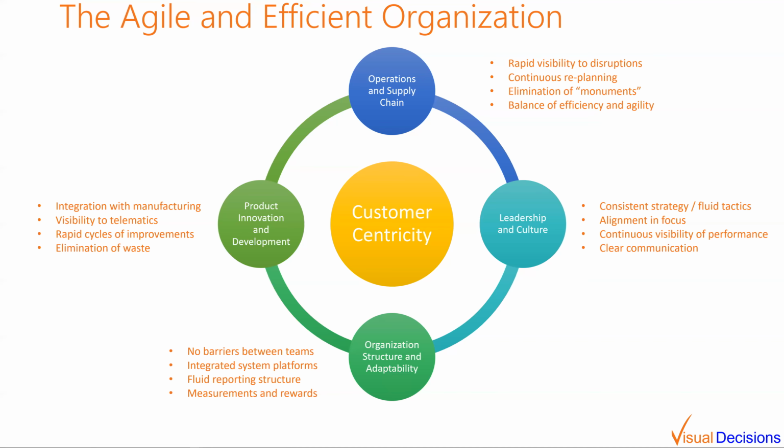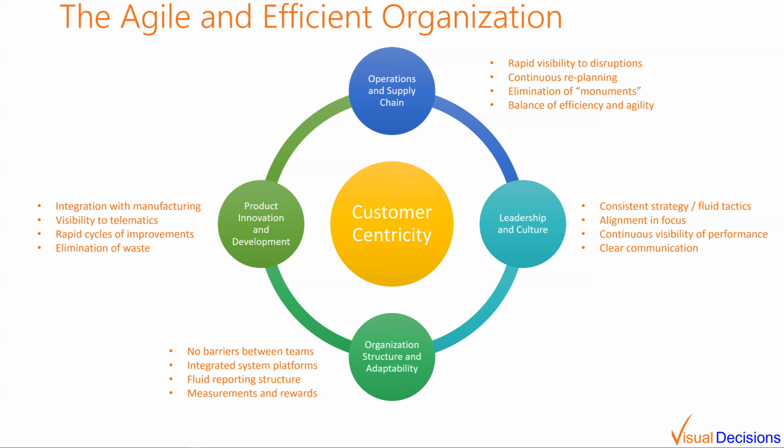What monuments do I have in my process that are similarly fixed, that I can't adapt in the face of changing business conditions? And then, being able to balance efficiency and agility so that I carry enough inventory to respond to things and shift my focus when I need to, but still run as efficiently as I can given that constraint.